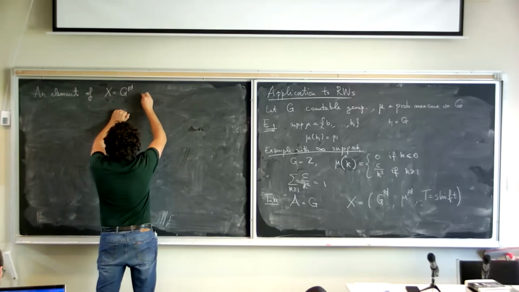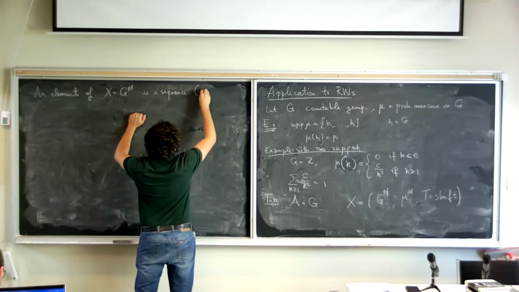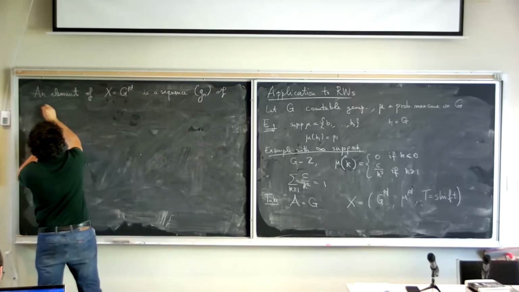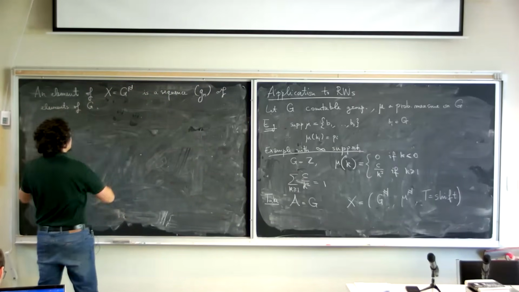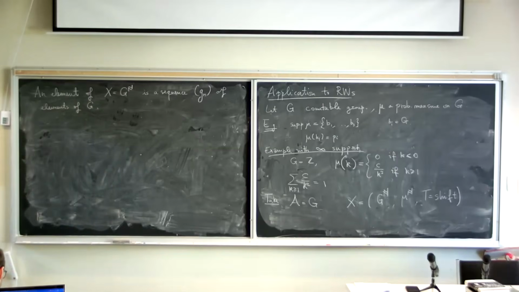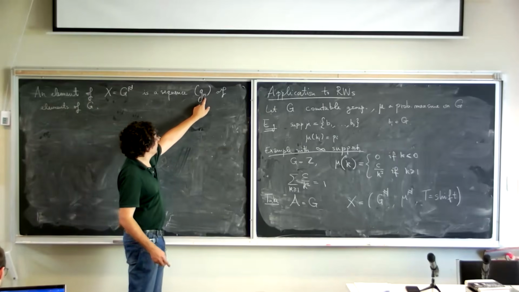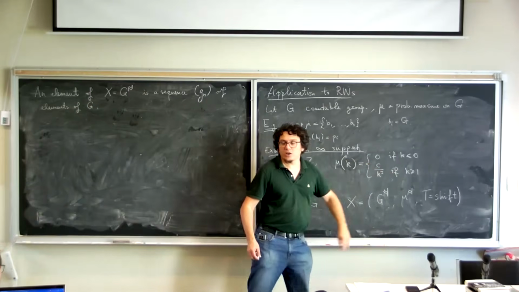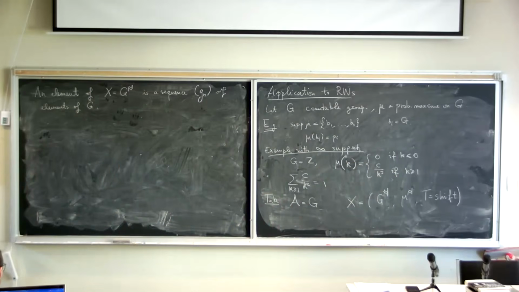An element of G^N is a sequence of elements of G. And the fact that we're taking this product measure corresponds to saying that these g_i's are identically distributed and independent of each other.